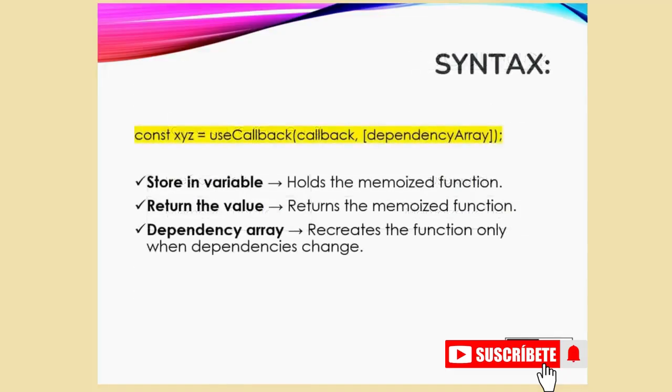Then I will say it again. This is xyz storing the variable, a callback returning the values, and a dependency array, storing the memoized function, returning the memoized function, and recreating the function only when the dependency is changed. This is the syntax.